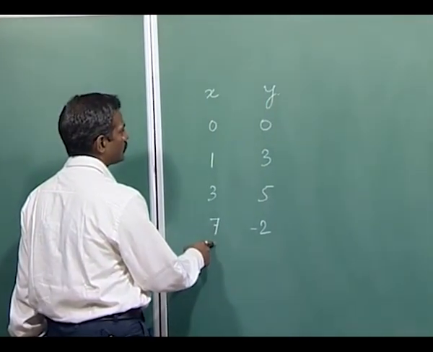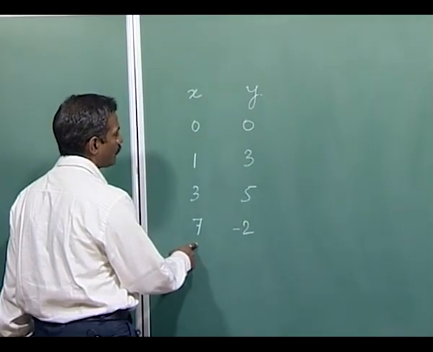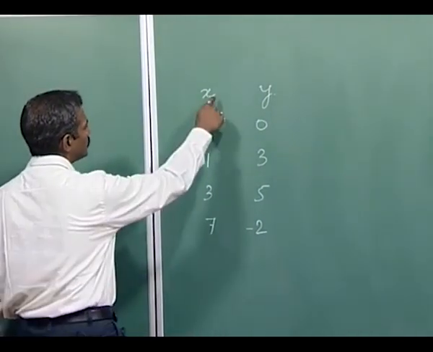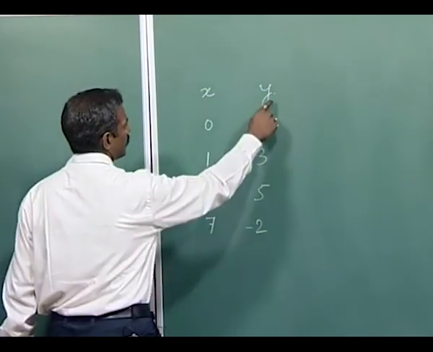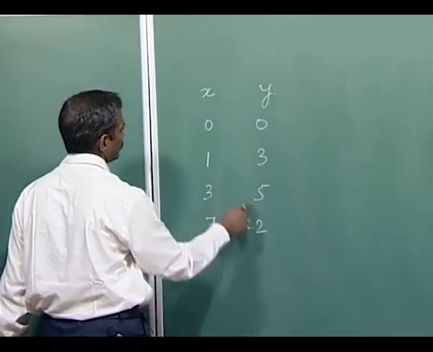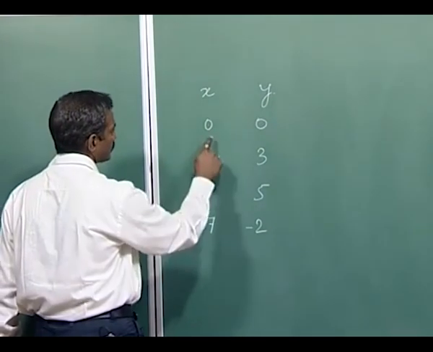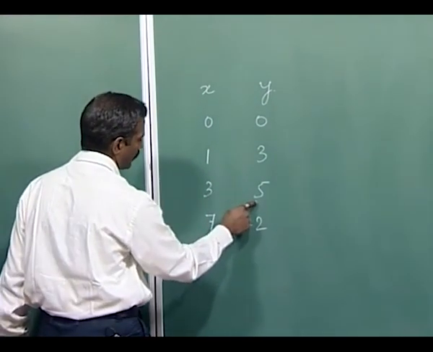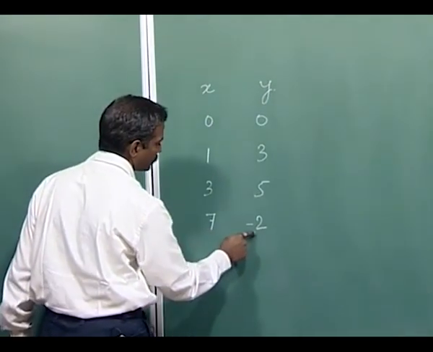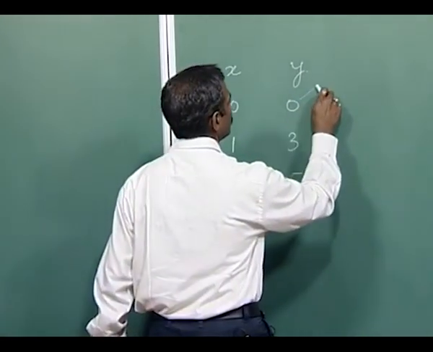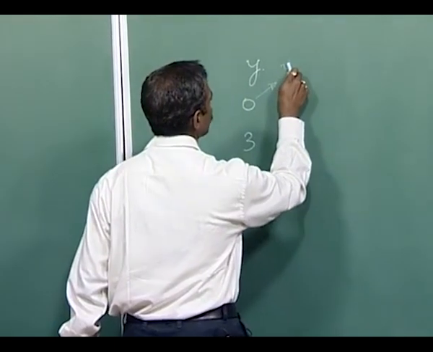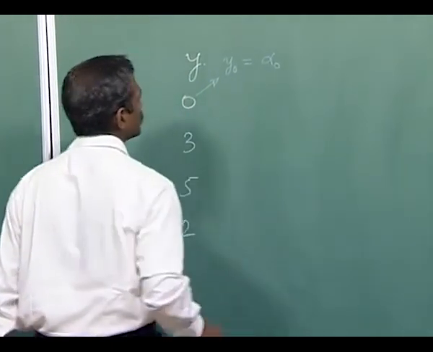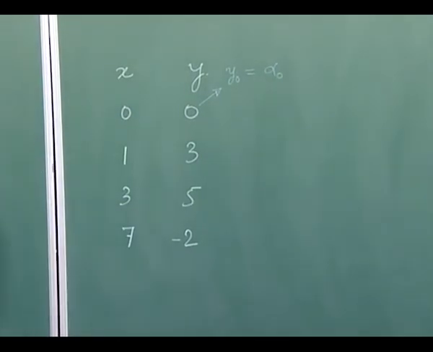We compute the divided differences, or the unknown coefficients, column-wise. The first thing we do is arrange all the abscissa and ordinates in two columns like this. The first point is 0, 0. The second point is 1, 3. Third point is 3, 5. The fourth point is 7, minus 2. This value here is y0, and we know that this is the first unknown, alpha 0.